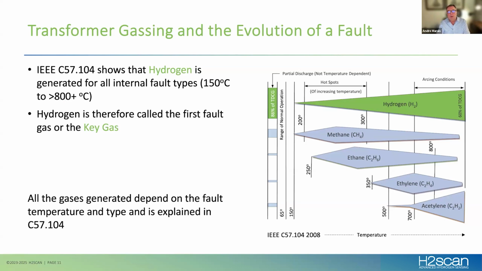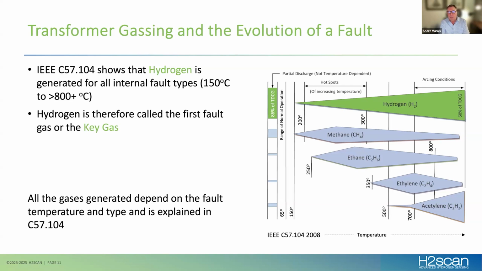But what's important to note is that hydrogen is generated for all internal faults. We start picking it up at 150 degrees C, and it'll go well beyond 800 degrees C. And it's often referred to as the first fault gas or the key gas, depending on the terminology that you'll come across.